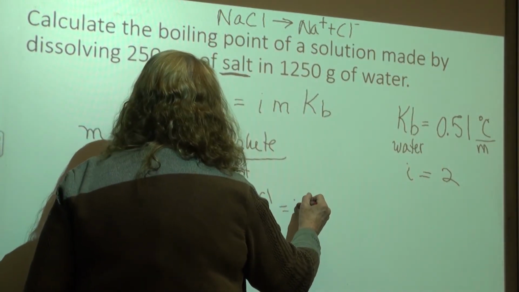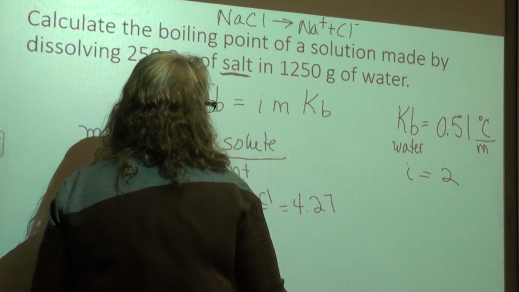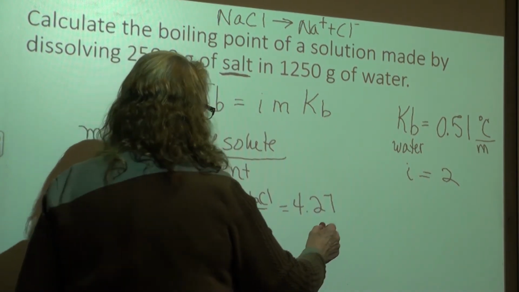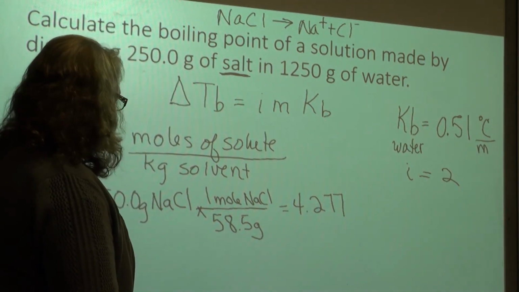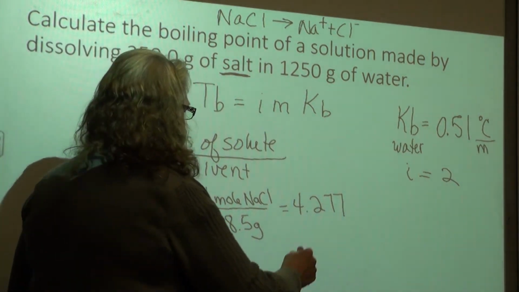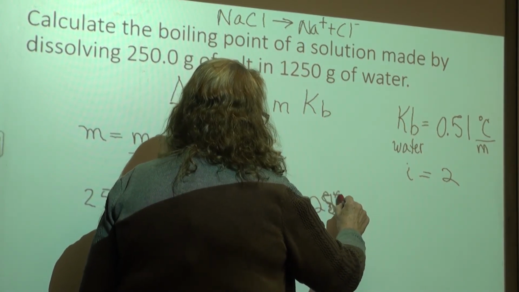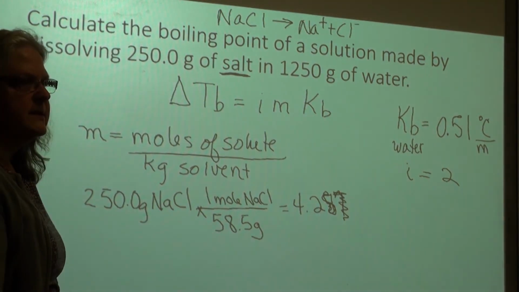4.27. I think it's 4.277 actually. Do I have 4 sig figs? We only looked it up to 3, so I'm going to round off.